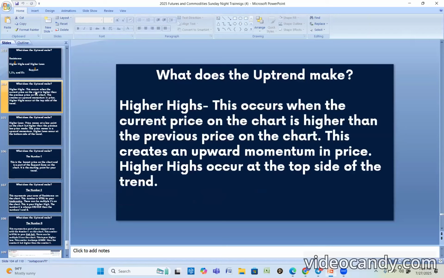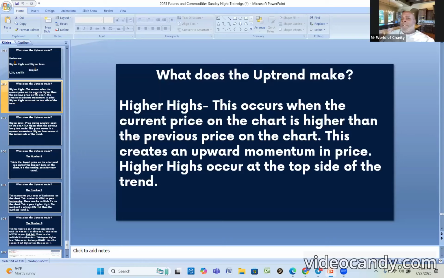You're welcome. So again, we got some more explanation on the uptrend. Higher highs. This occurs when the current price on the chart is higher than the previous price on the chart. This is what makes an upward momentum in price. Does everybody understand that? Talk about higher highs, higher lows.